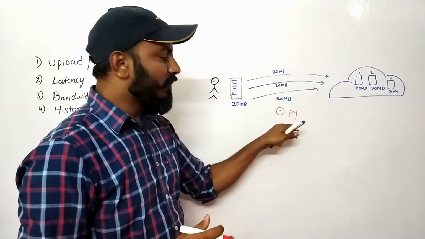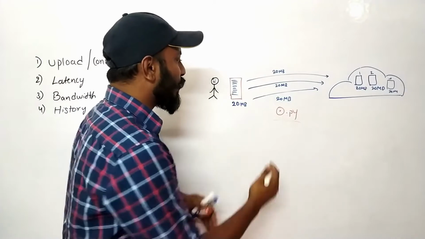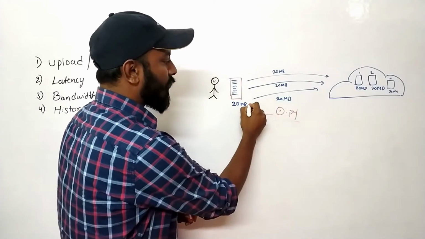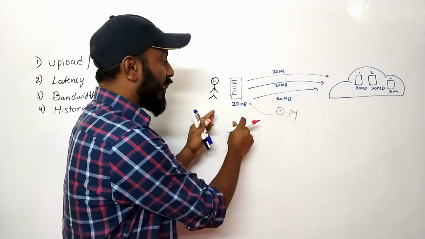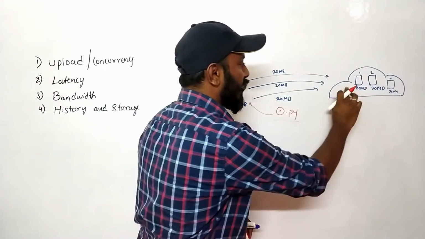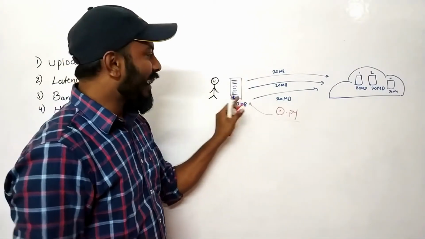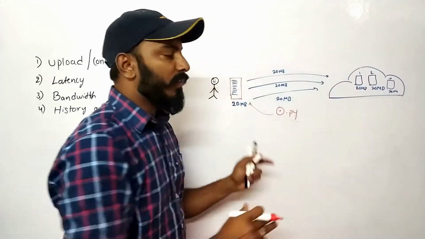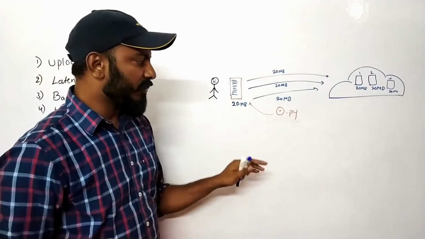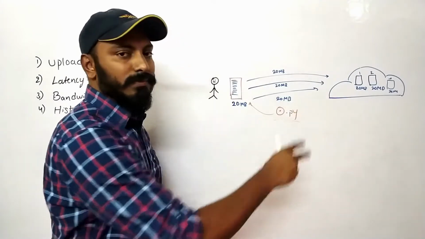What this Python file does is it looks at the file as a whole, and whenever you click a button to sync, the whole file will be uploaded to the cloud, and that's what it does. So it has to take the whole file and upload it into the cloud.